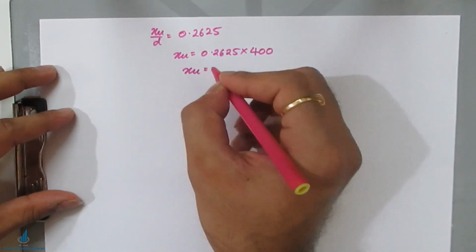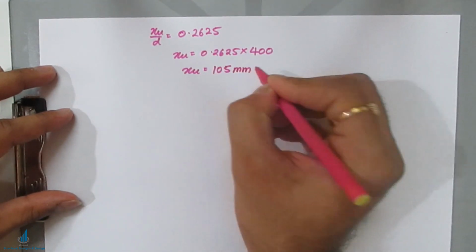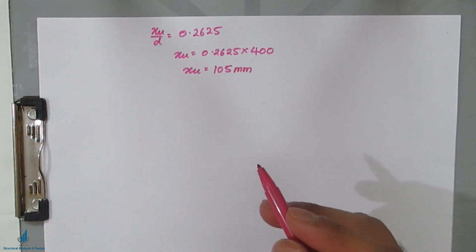So XU comes out to be 105 mm. Now you got the location of the neutral axis.